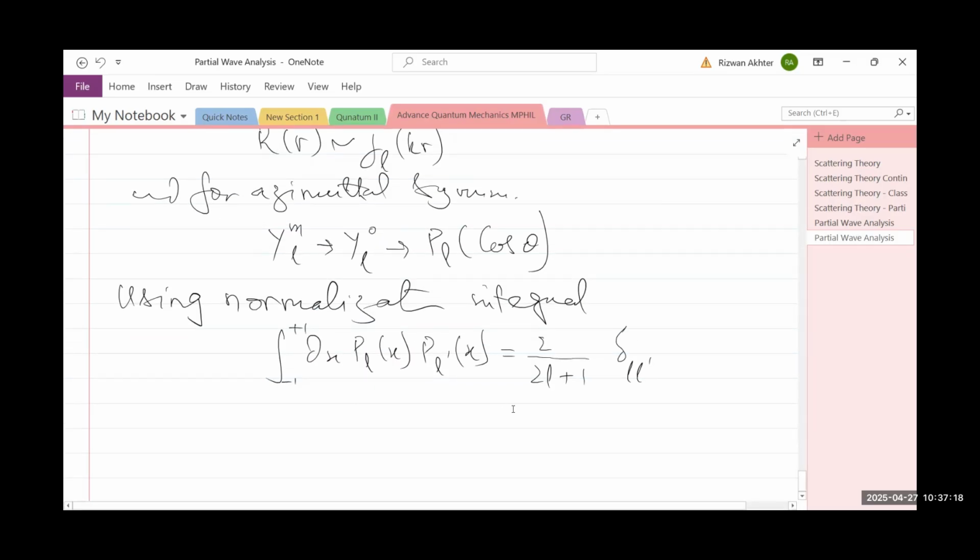So one can find, with the help of this normalization integral, the values of these coefficients A L, जिसको अभी हमने partial wave amplitudes कहा था.